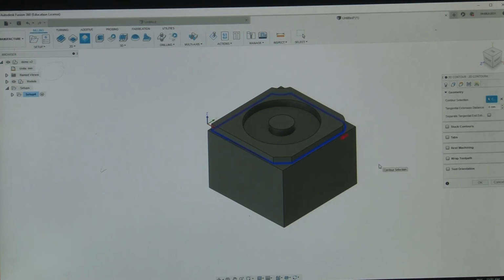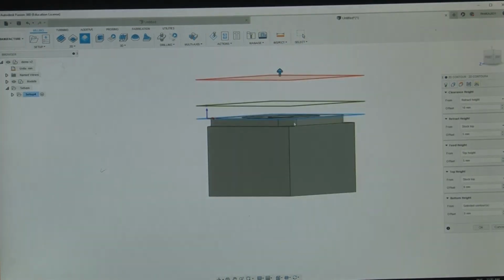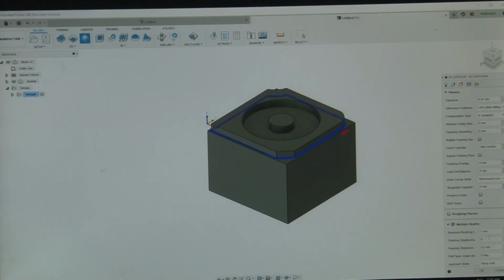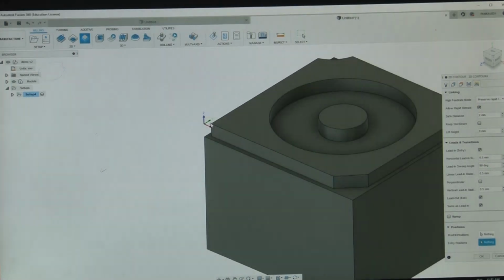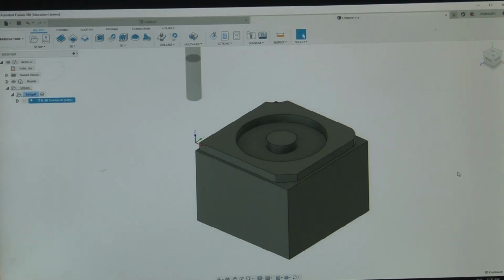So, this is the geometry which is selected, that has to be fabricated. Depth of cut is selected. These are different values which are being selected. Path is generated. Now, if you want to check it, you can simulate it.